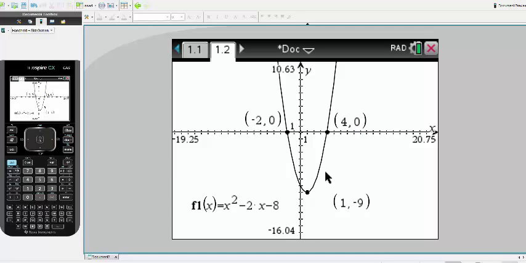In this case, we see that this is kind of the turning point. So from this x value, when x is equal to 1, to the right of that, the y value is going to increase, so it's growing. And then all the values to the left of x is equal to 1, the function is decreasing.